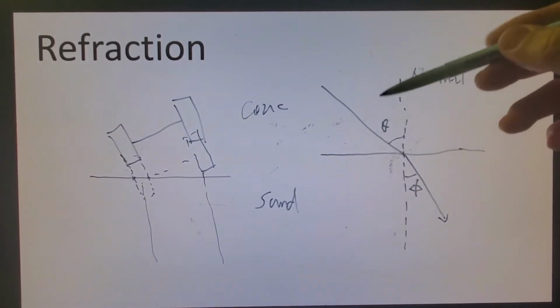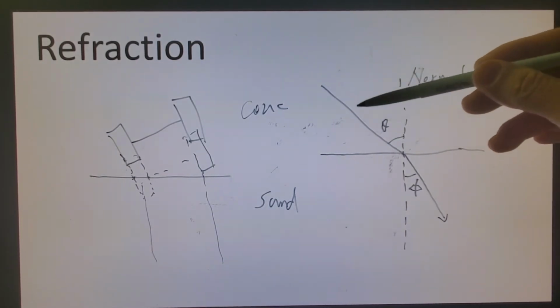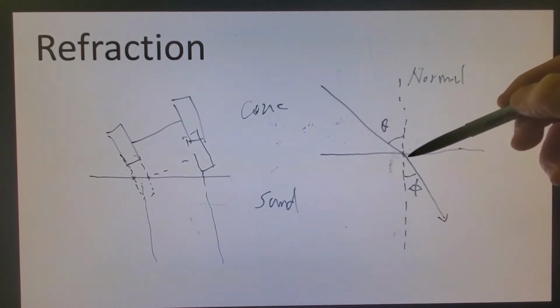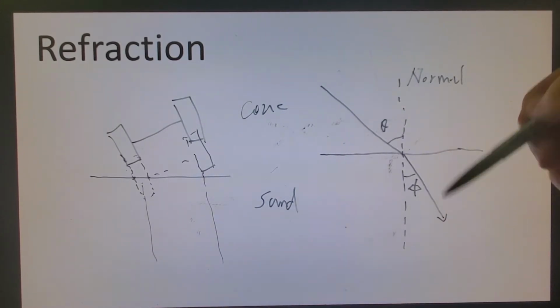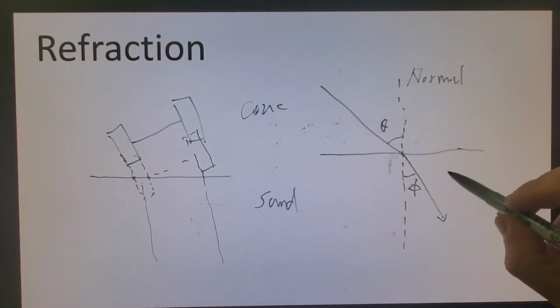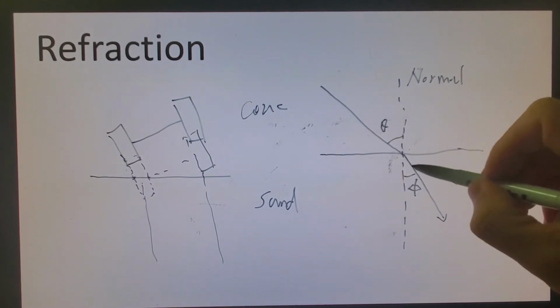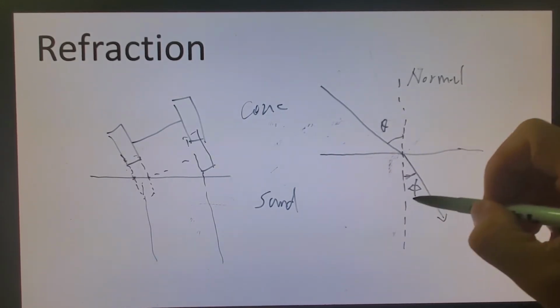What happens is when this beam gets in from air, with higher velocity, into somewhere like water, with lower velocity, the angle is going to bend. If the medium below here has a higher density, or a smaller velocity of light, then it's going to bend toward the normal.